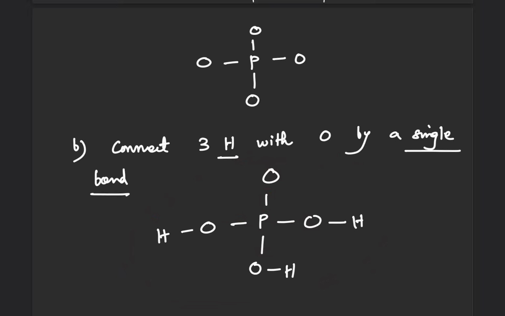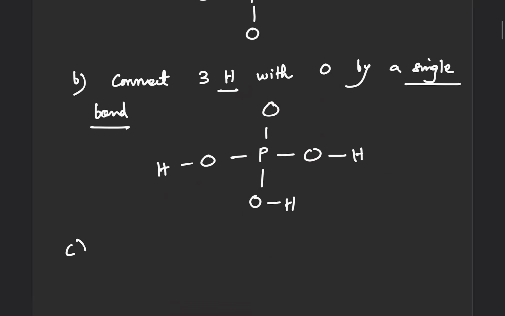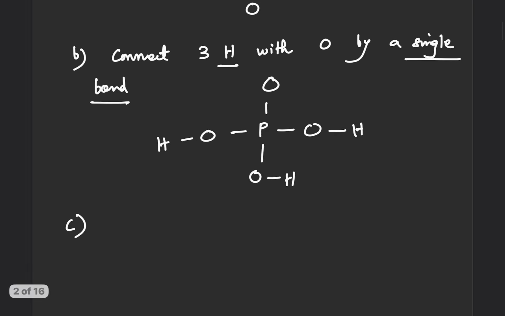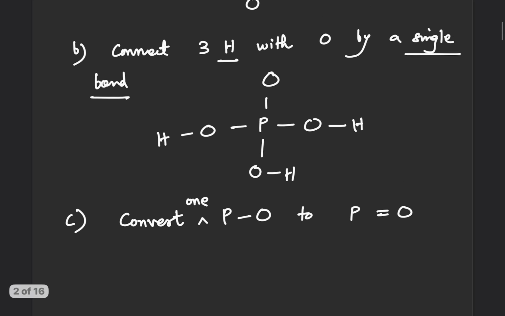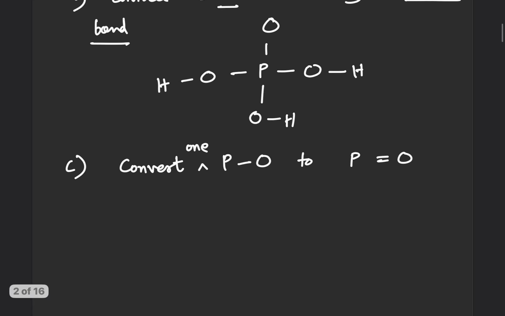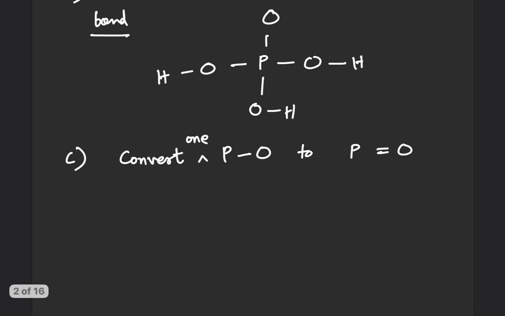So the next step is to convert one P single bond O to P double bond O. So if we convert this P single bond O into P double bond O, it will become P double bond O, OH, OH, OH, right?